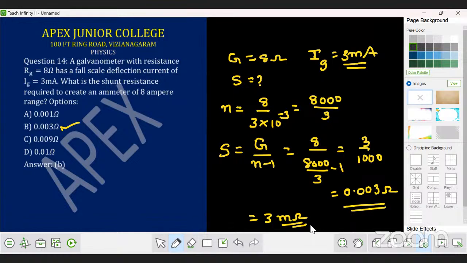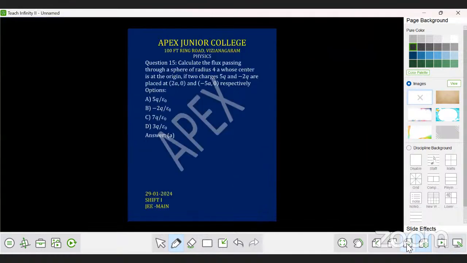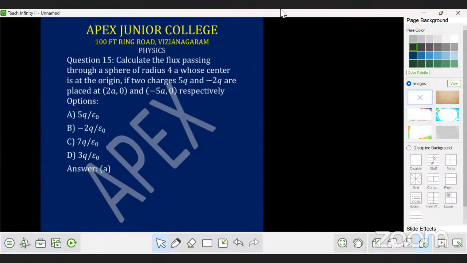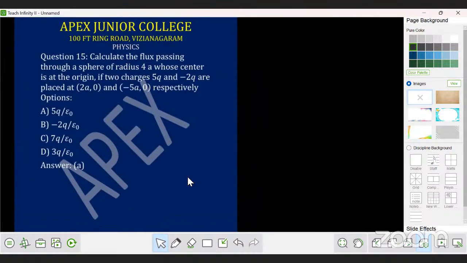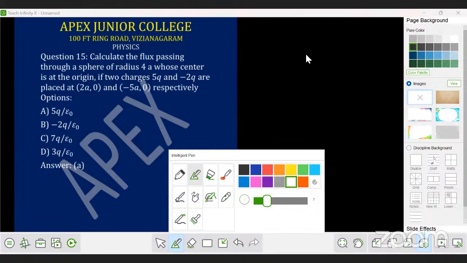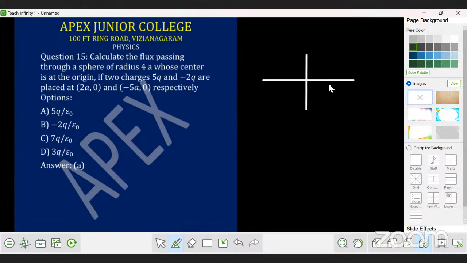Okay, next one. One more question. Calculate the flux passing through a sphere of radius 4a, whose center is at the origin. I first consider a coordinate system here, and one sphere is taken.